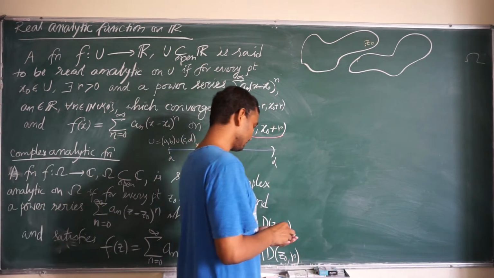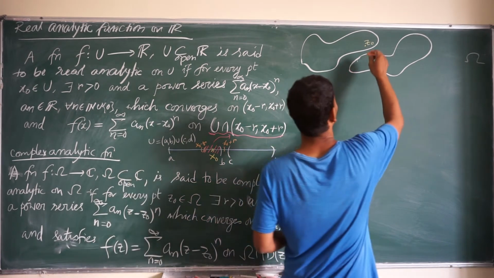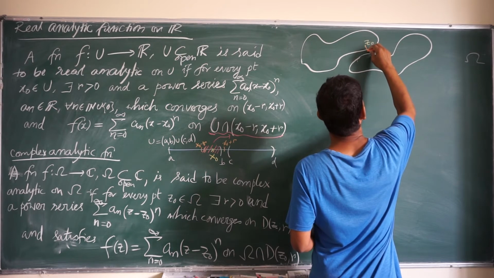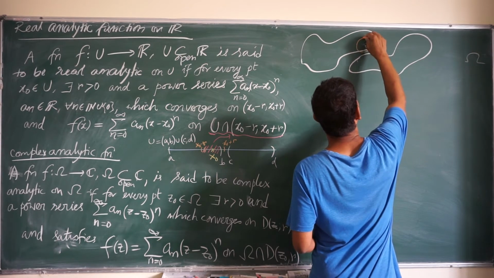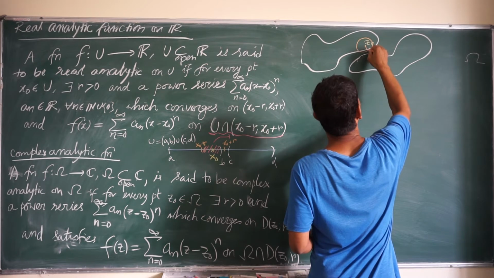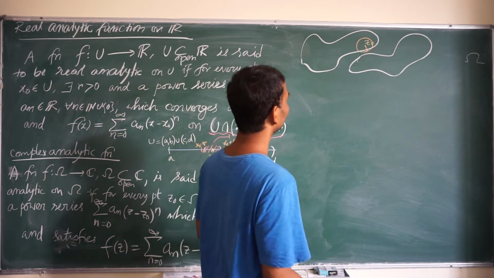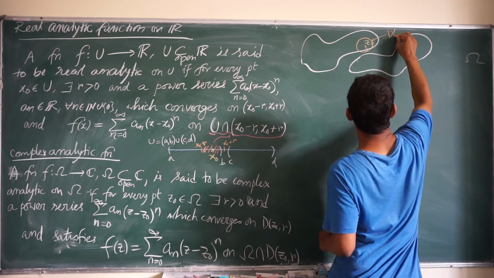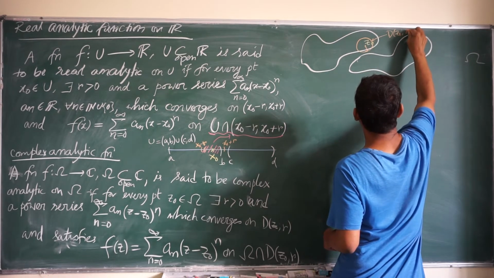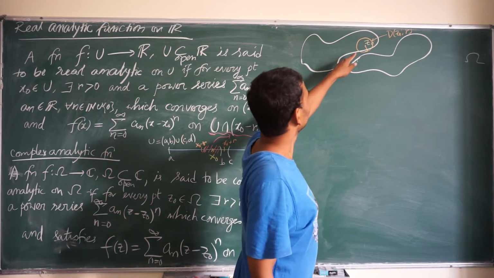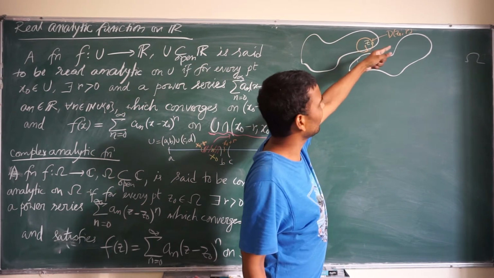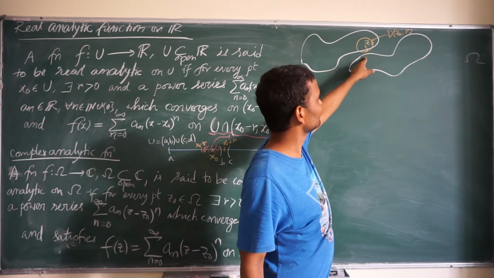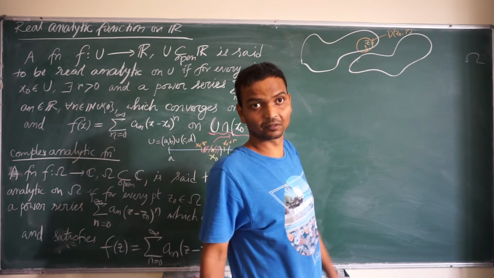Now what it says is there exists one R, this is D(z0, R). It might have R bigger so that this intersects both of them, but then it has to be equal in both the intersections.